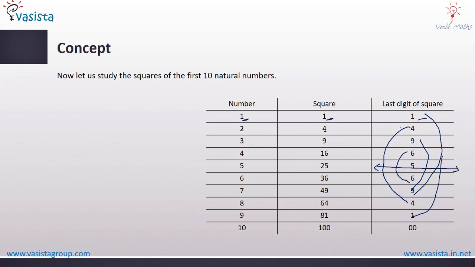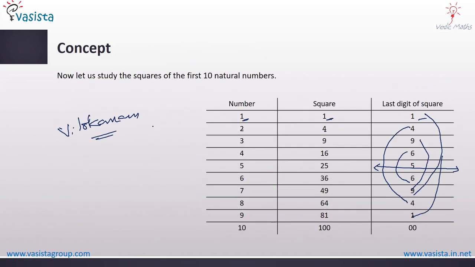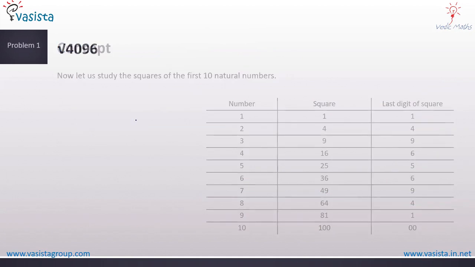This concept we are going to use in finding the square root by using Vedic math, that is by using Vilokanam. I will show some examples so that you will understand. The main thing is to understand these things, and it will be very easy, and you can do it in less than 4 or 5 seconds. Let us check this.